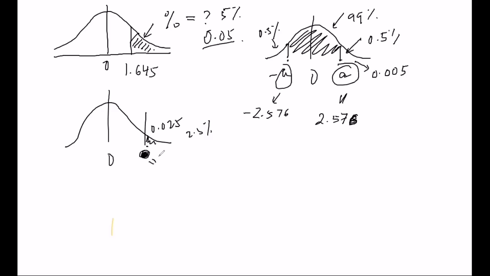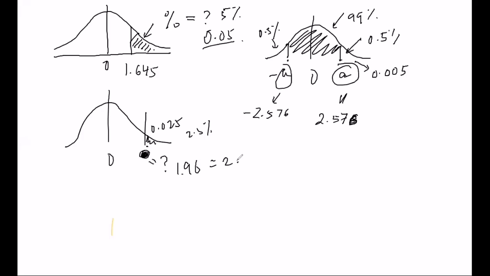What is this value? Anybody? Should be 1.96. Okay, great. If you check the table, it should be 1.96, right?